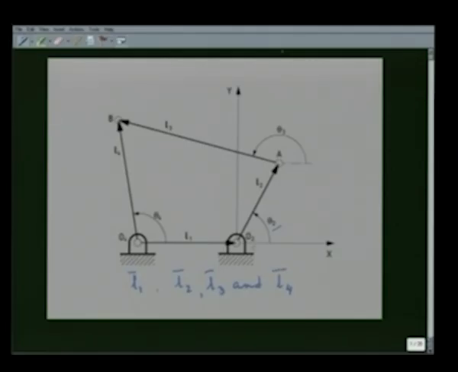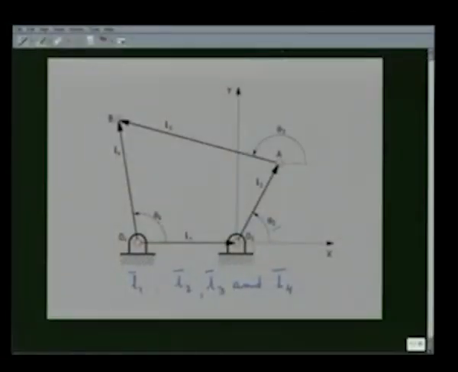These vectors are shown by these arrows in this diagram. Now, the angle that these vectors make with the x-axis we are using as the reference angle to determine the orientation of these vectors, that is theta 2, theta 3 and theta 4. Theta 1, that is the angle made by O4, O2, that is the vector L1 with x-axis, is obviously 0.